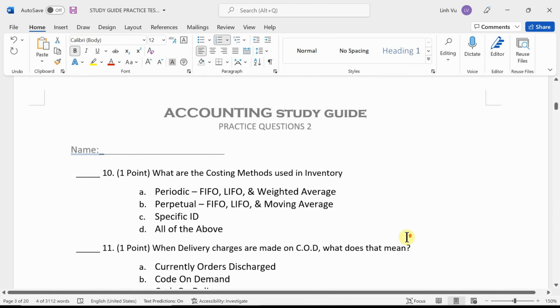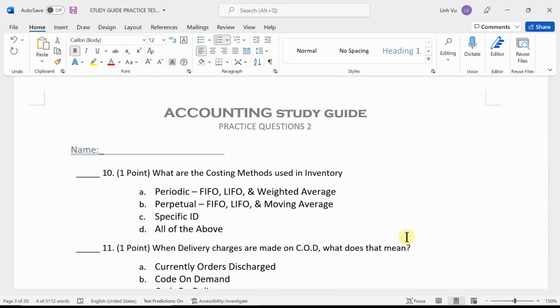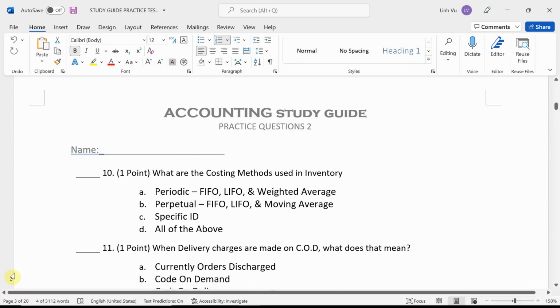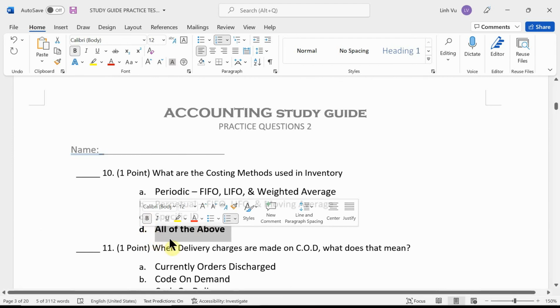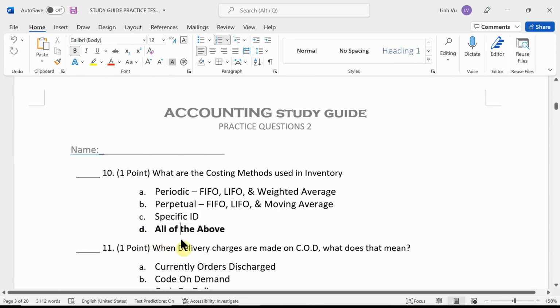Number 10. What are the costing methods used for inventory? D, all of the above, is correct. We learned periodic FIFO, LIFO, and weighted average. We learned perpetual FIFO, LIFO, and moving average.